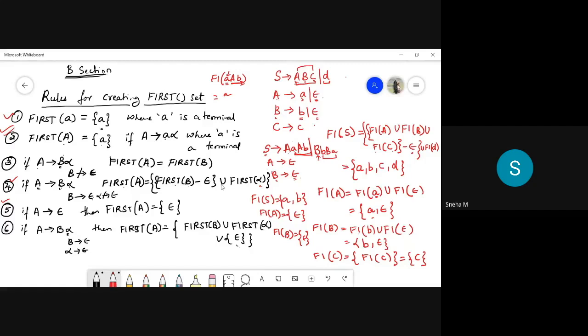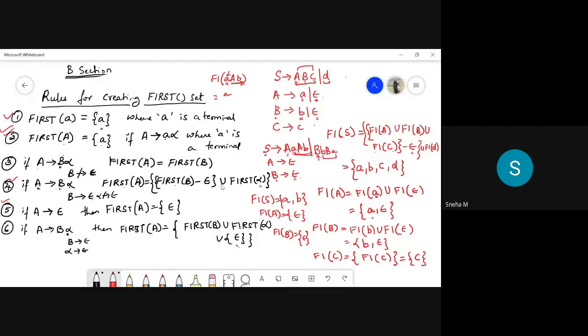So I can always replace only the leftmost symbol. If I replace A with epsilon, I can reach small a, only for the leftmost symbol, not further.